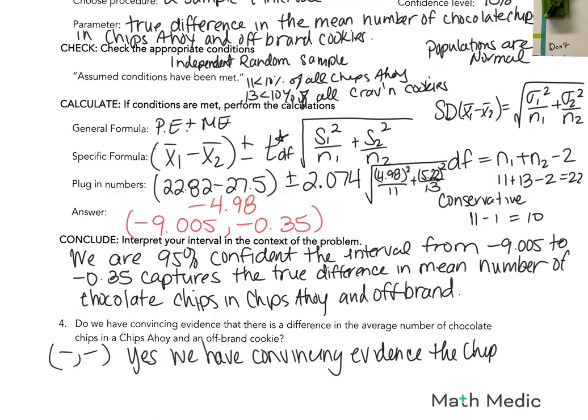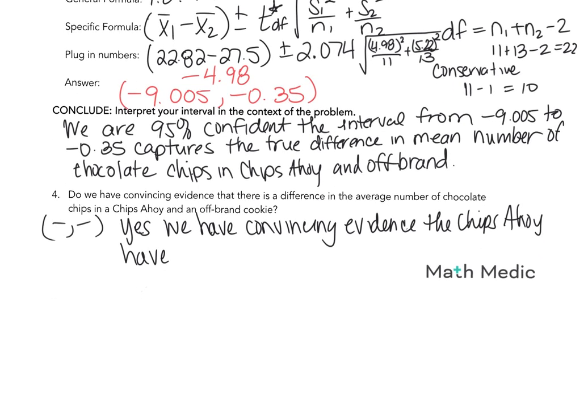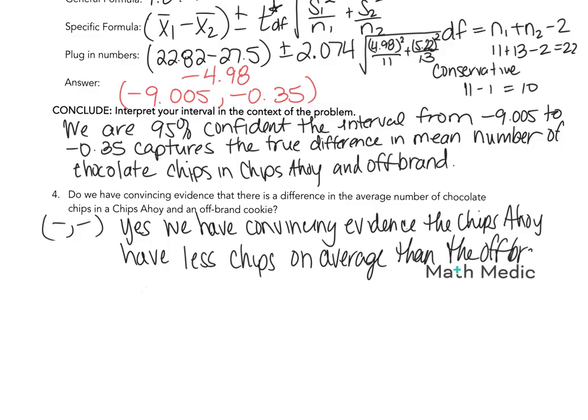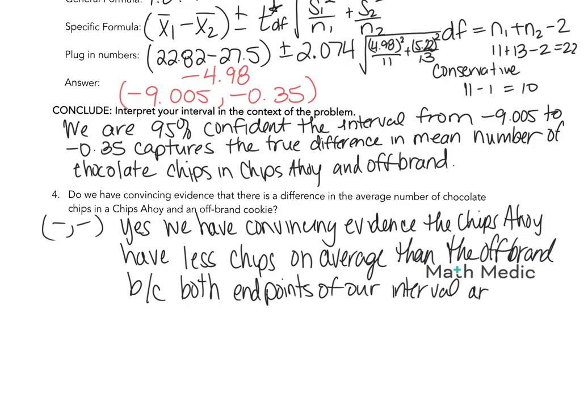The Chips Ahoy, that was the first one, have fewer chips on average than the off-brand, because both endpoints of our interval are negative. Or we can say our entire interval is below 0. Okay.